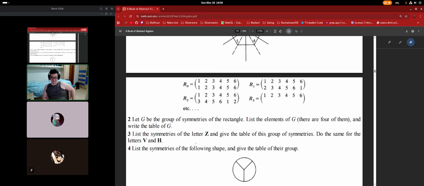Which rotations does this guy have? None? Well, it has two rotations. The reflections are kind of tricky, right? Because you can't really do a horizontal or a vertical reflection because that's going to change the diagonal.